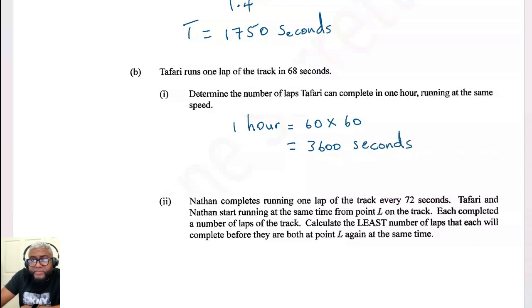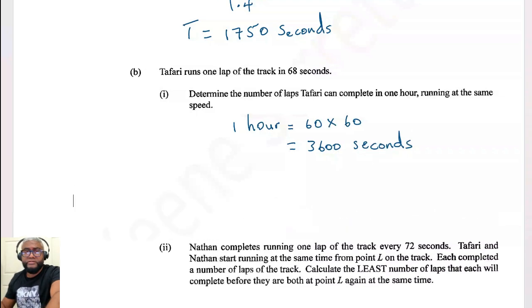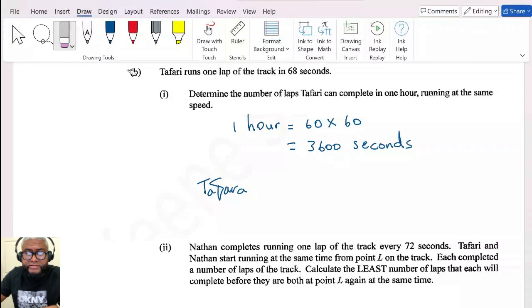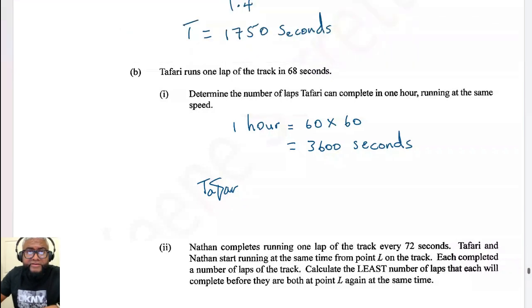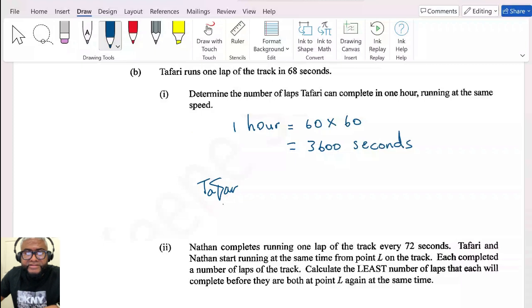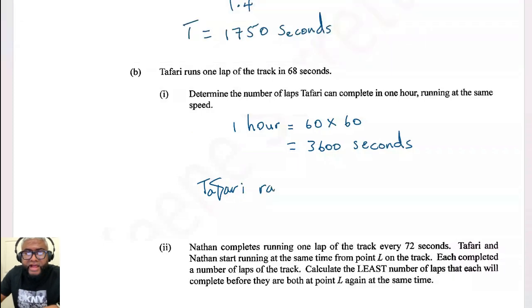And how much time is Tafari taking to run one lap? 68 seconds. Right. So it'll be 3,600 divided by 68.